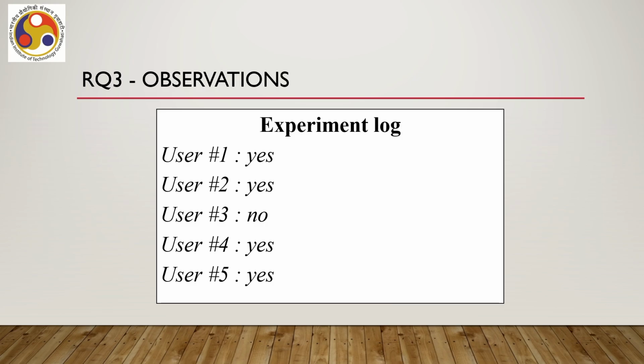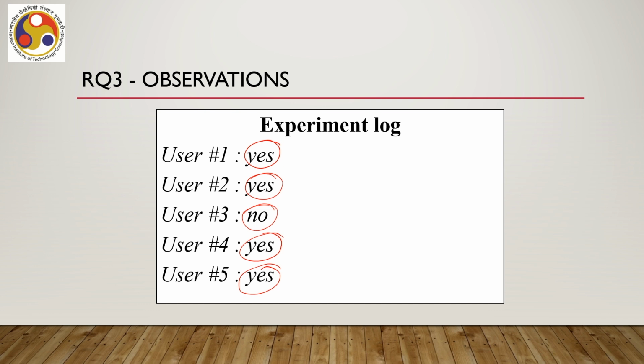So, here unlike the previous cases, users could give more unambiguous answers, such as user 1 yes, user 2 yes, user 3 no, user 4 yes, user 5 yes. This is so because the question is much more unambiguous. User has to compare the two and then tell whether one is faster over the other.